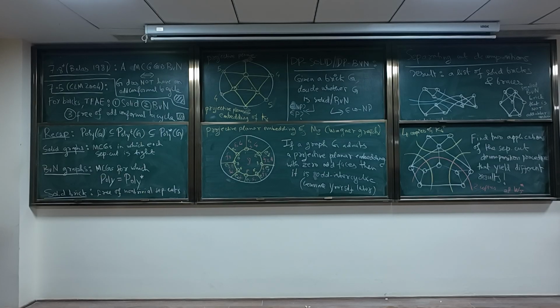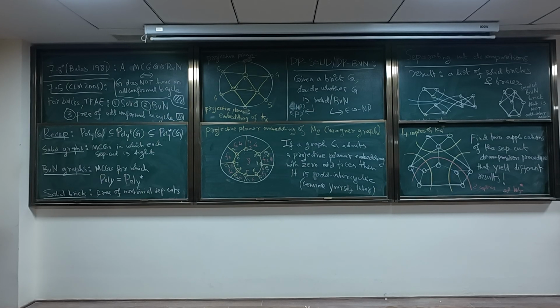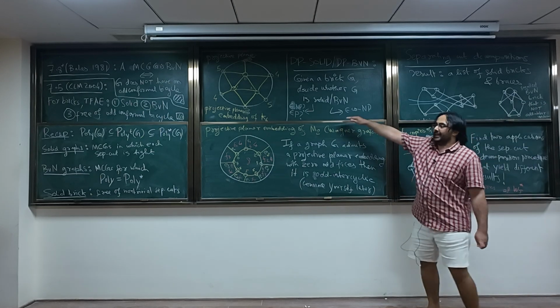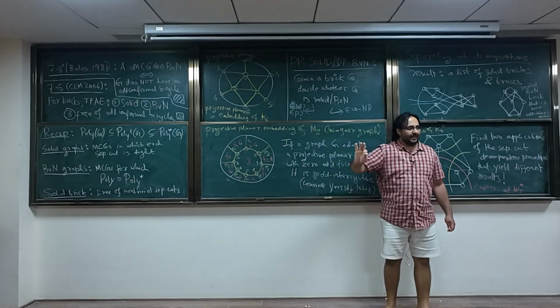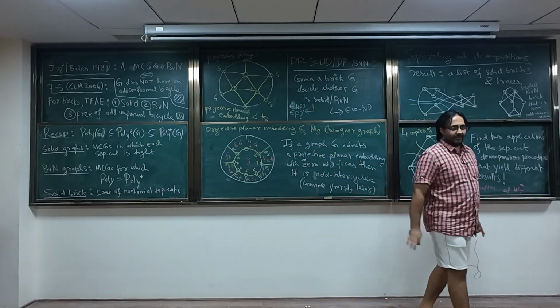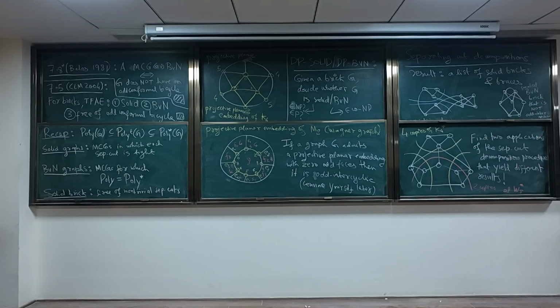The problem is, solid is not the same as odd-intercyclic. Solid cares about conformality. Therefore, the result of Kawarabayashi and Ozeki doesn't actually show that our problem is in NP or in P. But if you forget the conformality, then it would be fine.